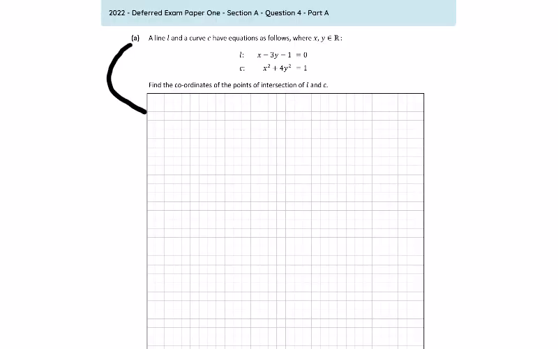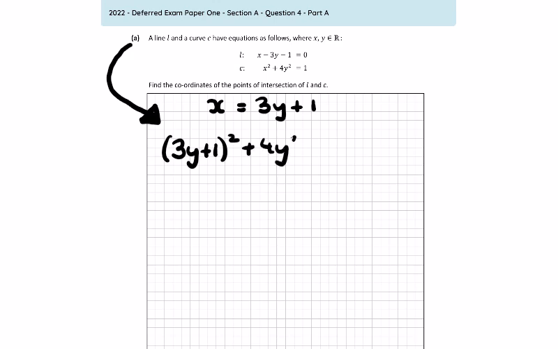This question is more algebra based, but it's in your workbook, so I'll do it anyway in case you have attempted it. We want to find the points of intersection, so x from the first equation will be equal to 3y plus 1. So then sub in 3y plus 1, squared, plus 4y squared is equal to 1.